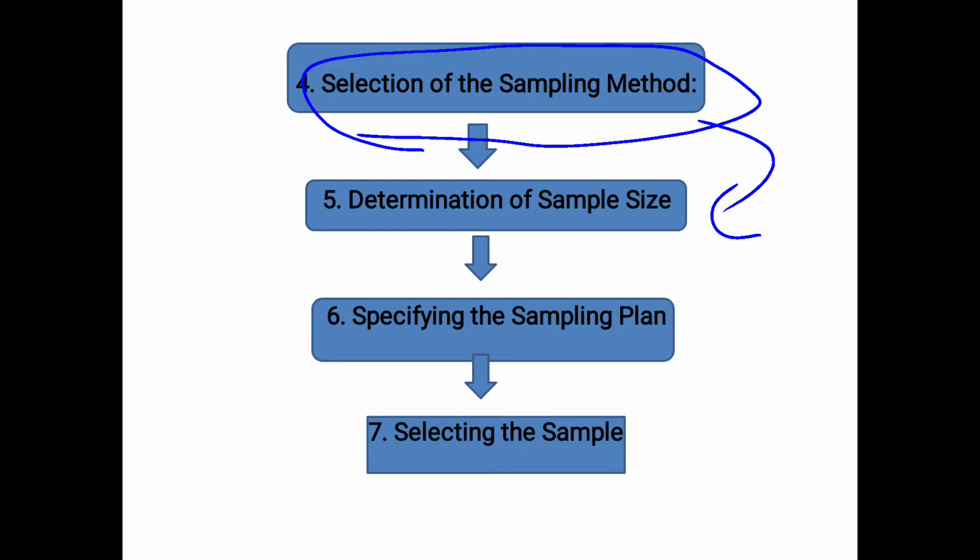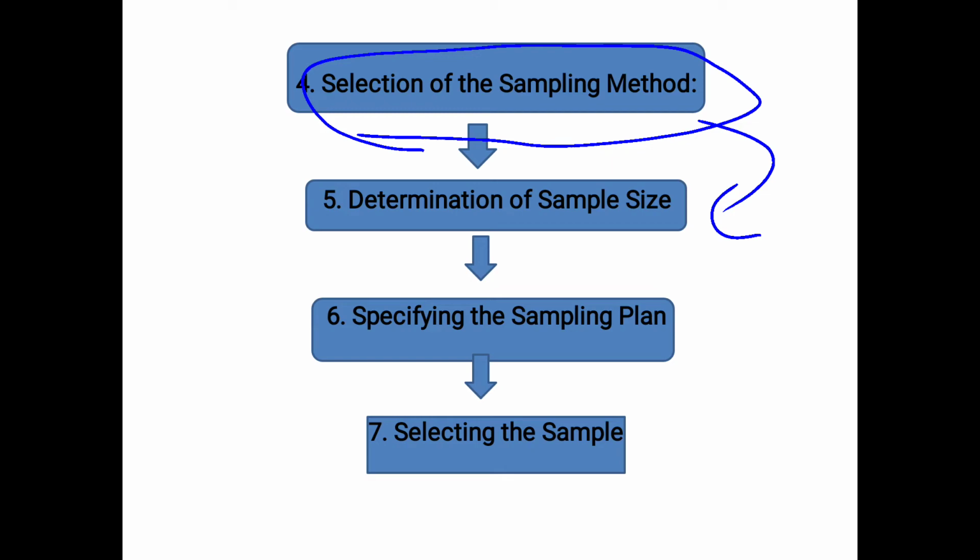In general, larger samples are better, but they also require more resources. Now after determination of sample size, which means the number of units in the sample, next you specify the sampling plan.